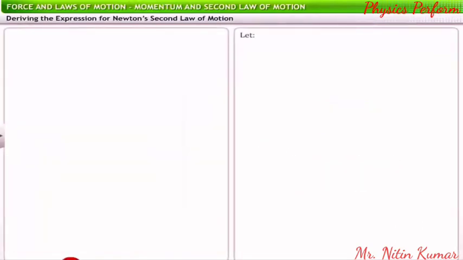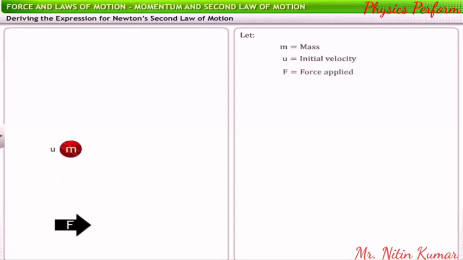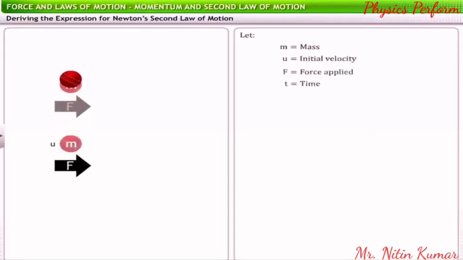Let's derive this relationship using an example. Consider a ball of mass m having an initial velocity u. When a force of magnitude F is applied on the ball for time t, the ball moves ahead with an acceleration a.